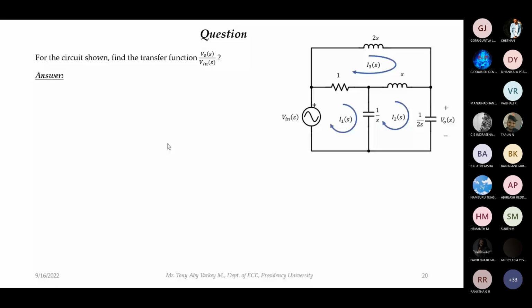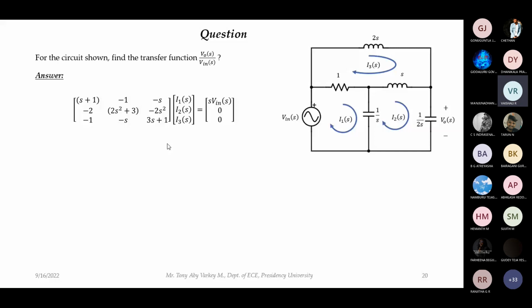Okay. Now tell me which delta I need to find, whether it is delta 1, delta 2, or delta 3. Delta 3, sir. Which current do we have to find?